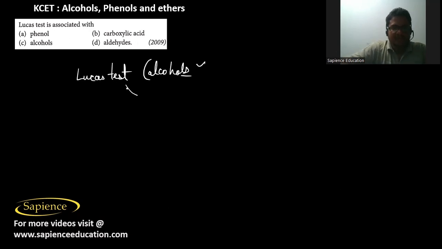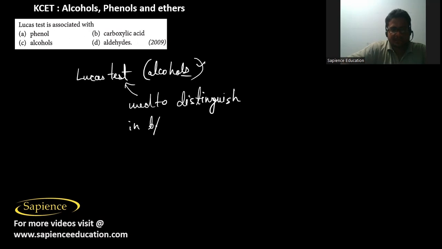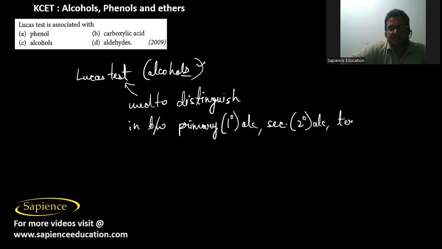It is used to distinguish between primary or 1 degree alcohols, secondary or 2 degree alcohols, and tertiary or 3 degree alcohols.